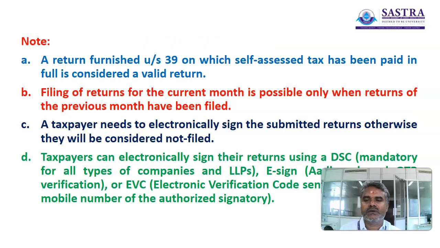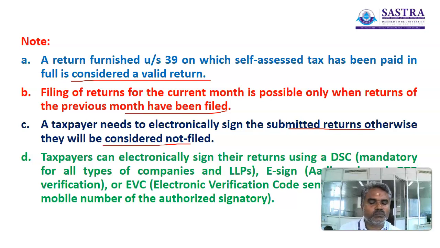Note that a return furnished under section 39 on which self-assessed tax has been paid in full is considered a valid return. Filing of the return for the current month is possible only when returns of the previous month have been filed, not succeeding or preceding months. The taxpayer needs to electronically sign the submitted return, otherwise it will be considered not filed.